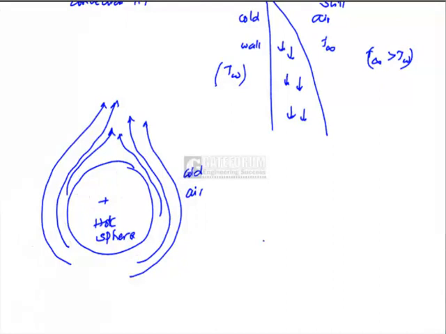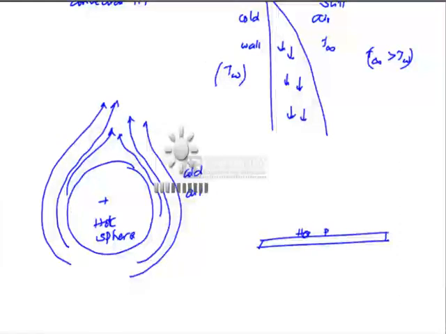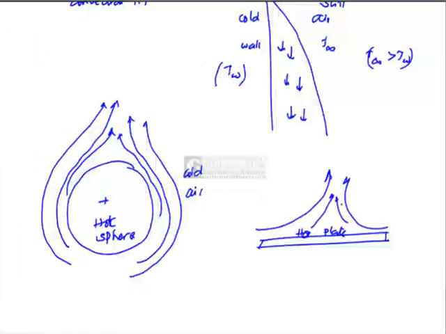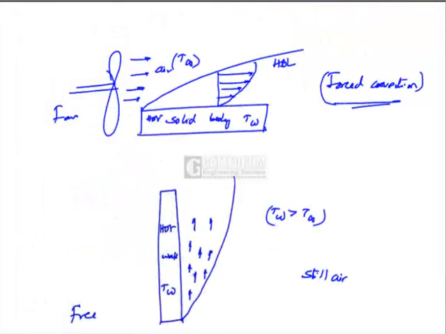If this is a horizontal hot plate kept in still air, the displacement is like this. So all these examples are examples of free convection heat transfer, except the first figure. The first figure shows forced convection heat transfer. Naturally, the rate of convection heat transfer would be more in forced convection than in free convection.